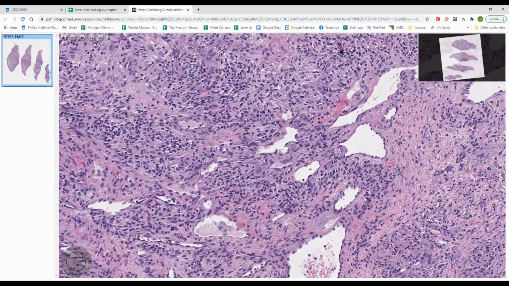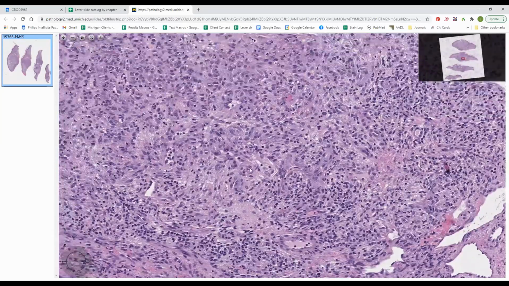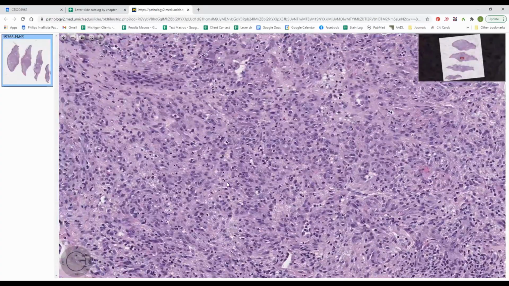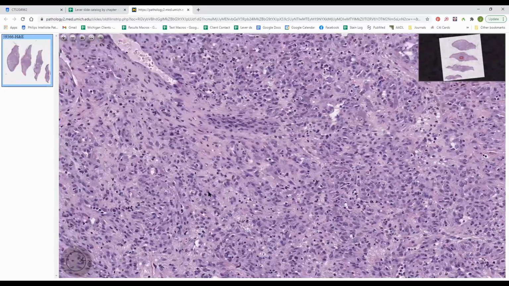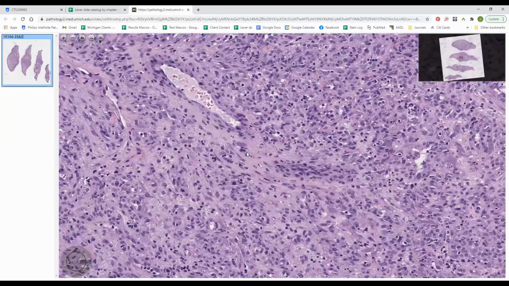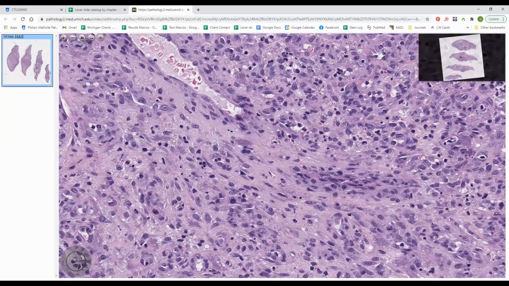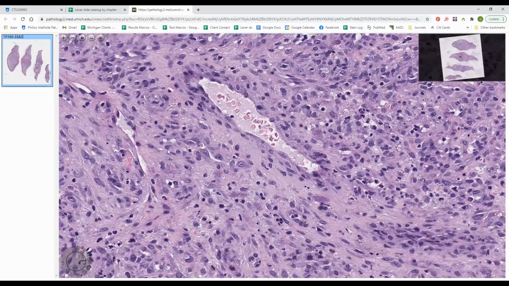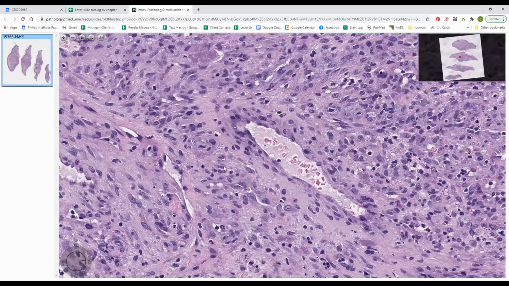Some of this reactive endothelial atypia would be a clue to go up at higher power and check for these clusters. So these collections of grayish kind of blue material are the organisms. And this is an example of bacillary angiomatosis.